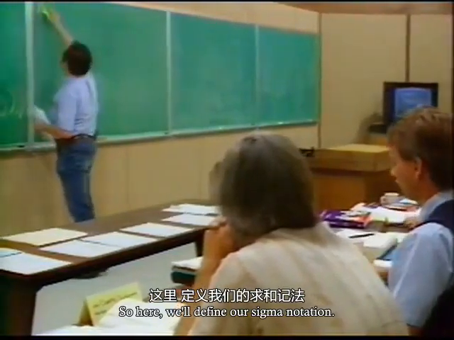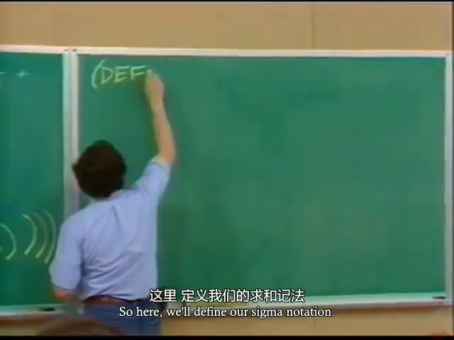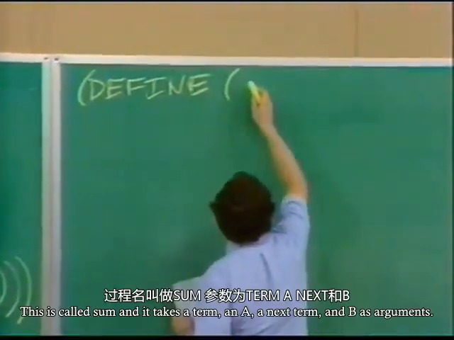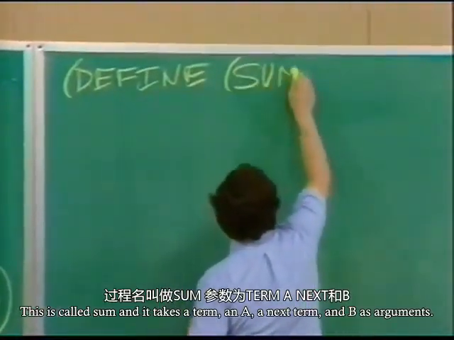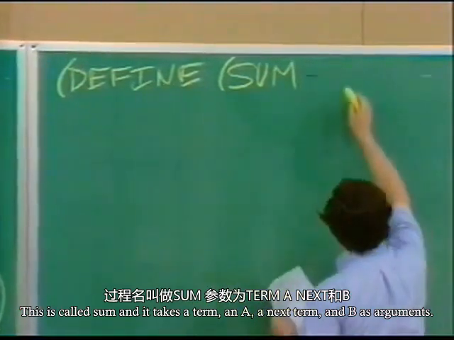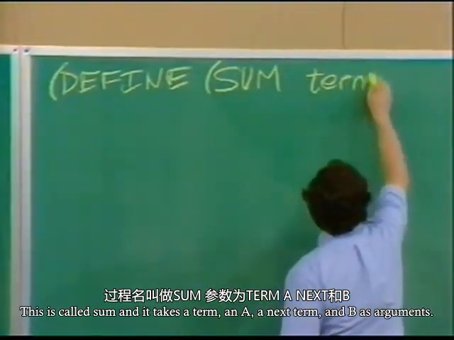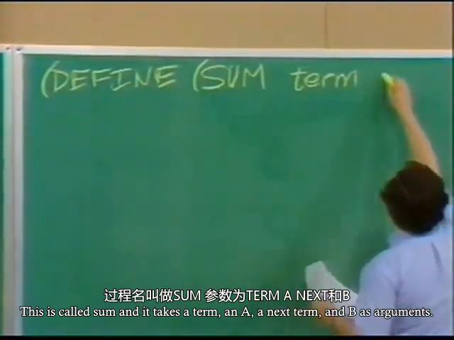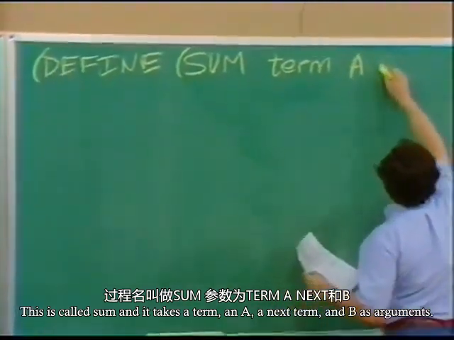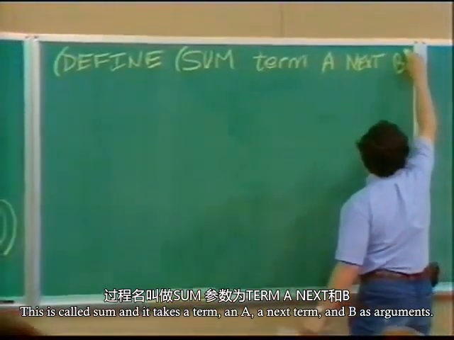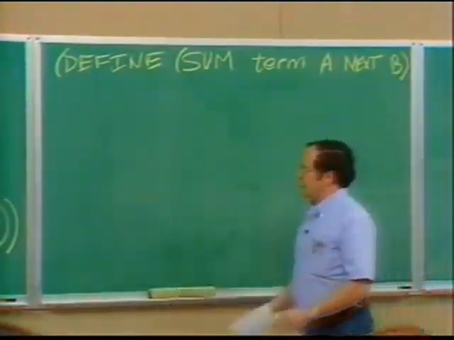So here we'll define our sigma notation. This is called sum, and it takes a term, okay, and A, a nexter, and B as arguments. So it takes 4 arguments.